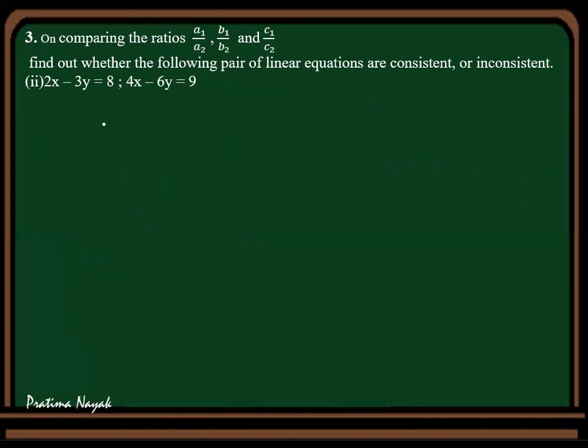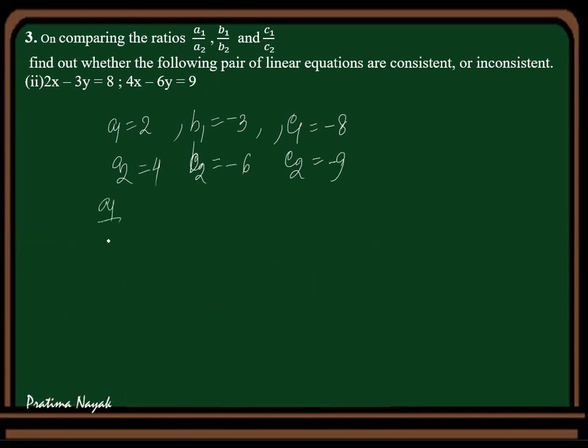Part 2. Same question. a1 is equal to 2, b1 is equal to minus 3, c1 is equal to minus 8. a2 is equal to 4, b2 is equal to minus 6, c2 is equal to minus 9. So a1 by a2 is equal to 2 by 4, that is 1 by 2.